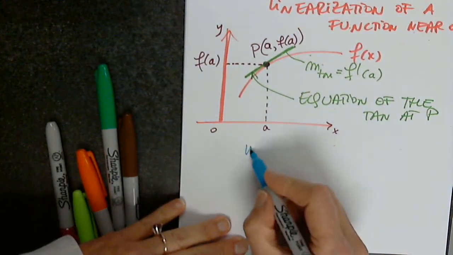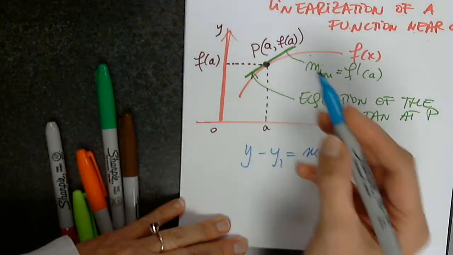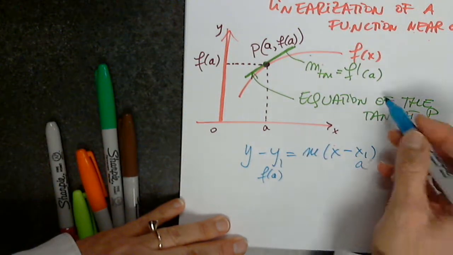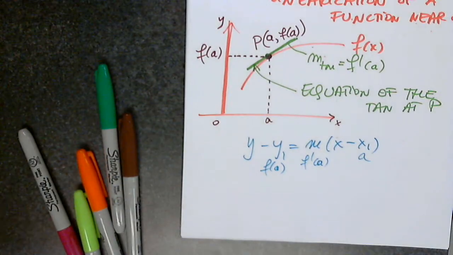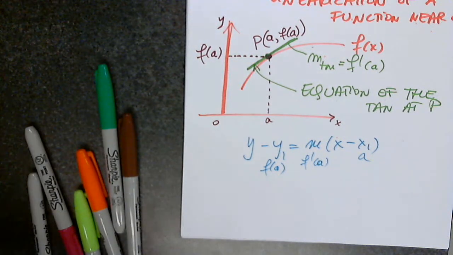Right. So y minus y1 equals the slope times x minus x1, where a is x1, y1 is f of a, and the slope is f prime of a. Thomas, is that okay? You only know one point. But I also know the slope of the tangent.